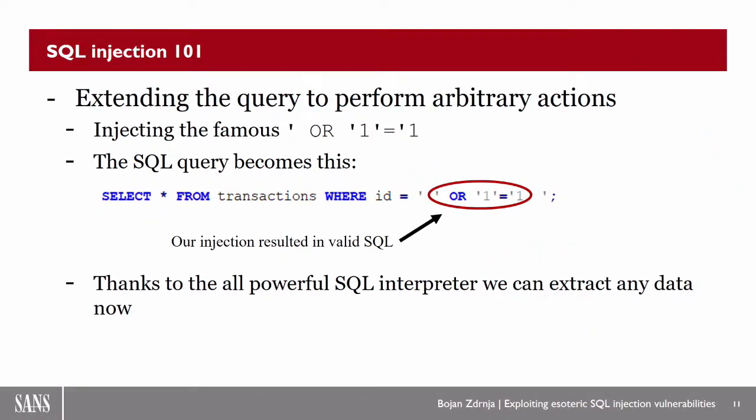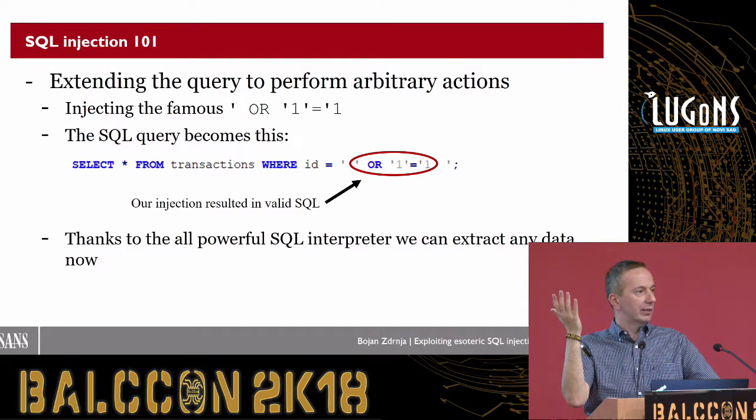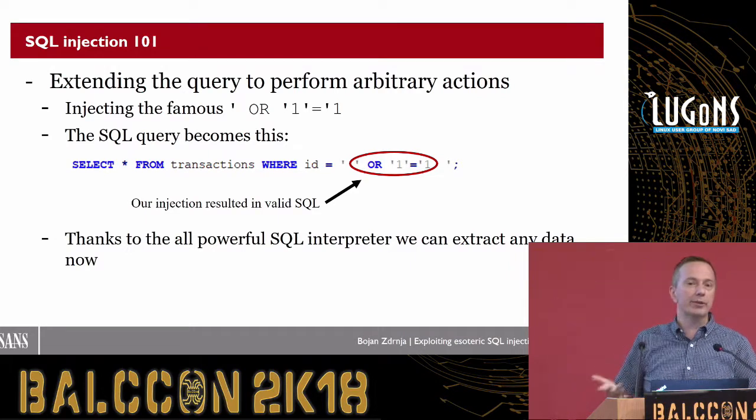So how do we exploit this? Well, remember, since we can inject whatever we want into the query, we can actually extend the query. If our input becomes single tick or 1 equals 1, then check what the resulting SQL query will be: select star from transactions where ID equals single tick, nothing, or 1 equals 1. 1 equals 1 is what?